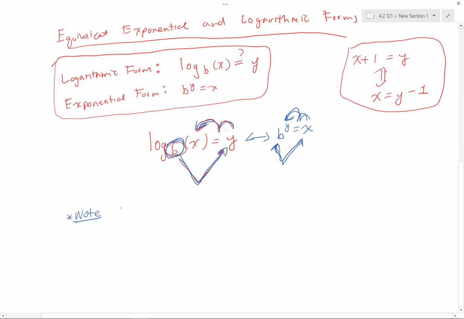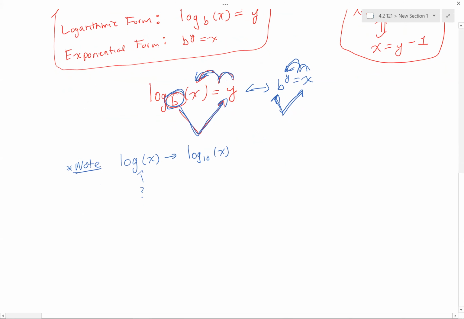The first one is just log of x. If you do not see a base, kind of like when you're dealing with square roots and you don't see a number where the root is, then if you have a logarithm that does not have a base, it's assumed to be log base 10. This is log base 10 of x, whether or not it's written. So a logarithm that does not have a base is log base 10.